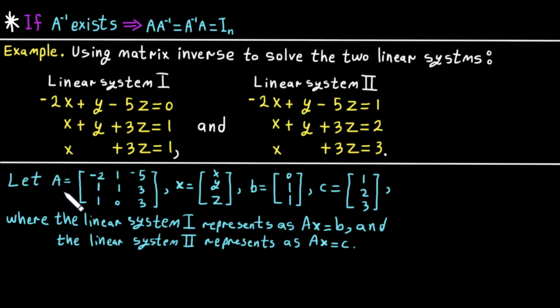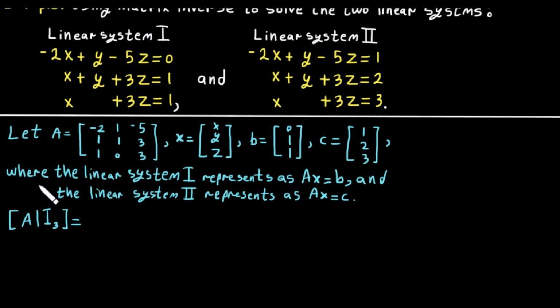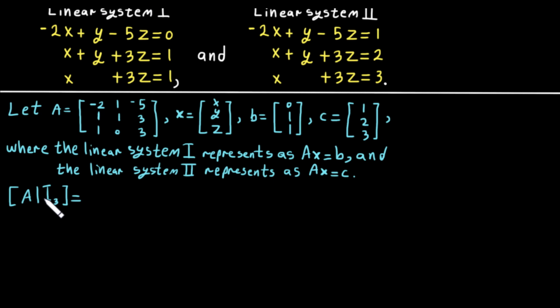Now we have to find the inverse of this A. First we have to write it in augmented form: A and the identity of size 3 by 3. Here I have to write A, which is this one.